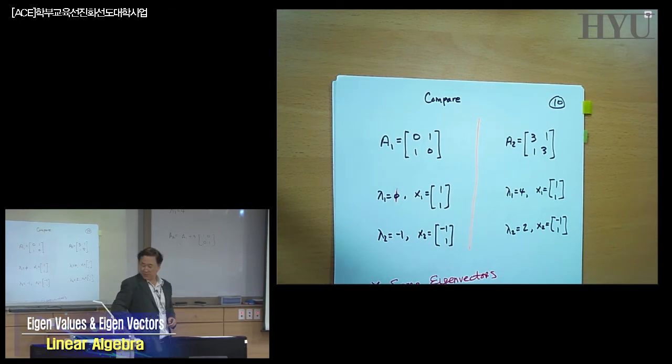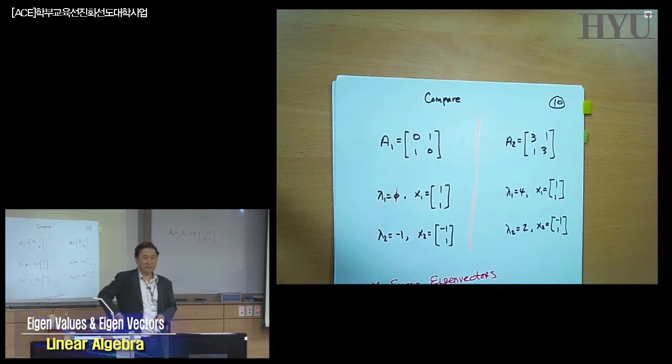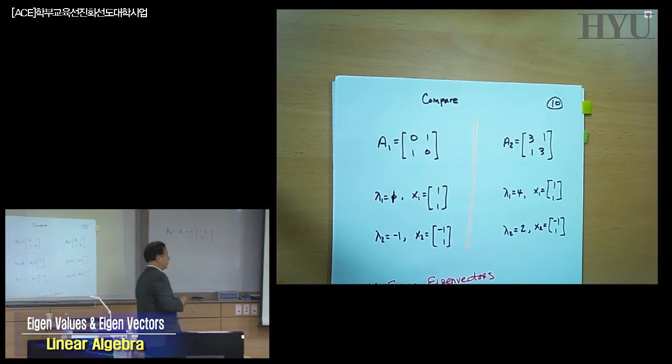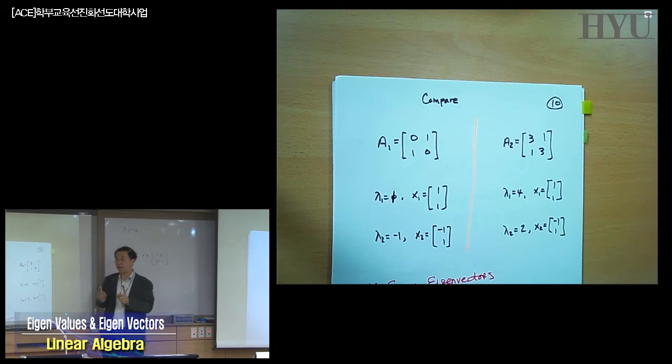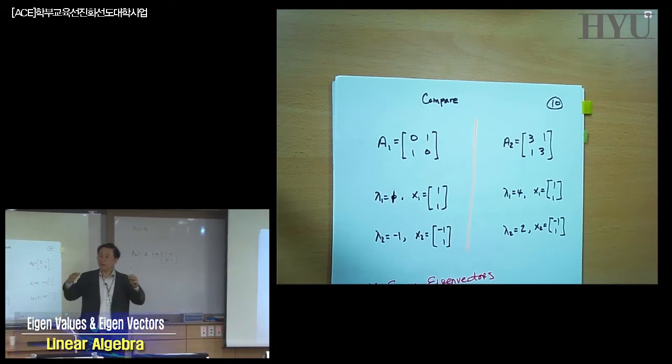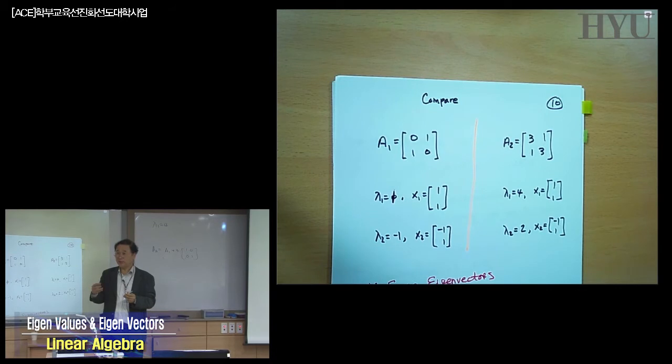So basically they have the same eigenvectors, but the eigenvalues are shifted, right? Can anybody explain why? Here I'm asking for your intuition. This is very, very important, which is why I show you several examples and then ask for your intuition.